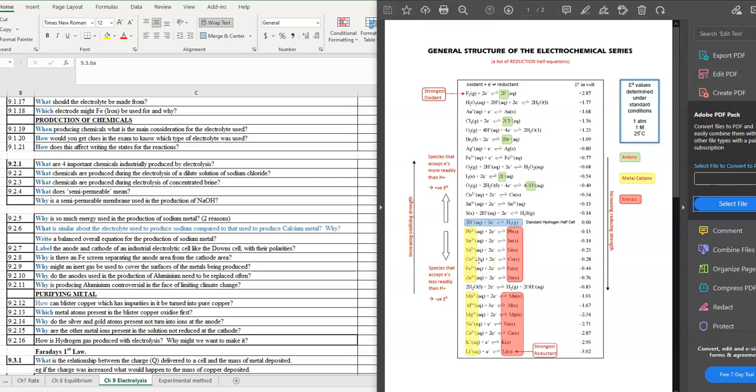So you have to put energy in. We have sodium ions and chloride ions, and water. You can see that the water is a stronger oxidizing agent than the sodium ions. So the water is going to undergo reduction at the cathode and produce hydrogen gas and hydroxide ions.